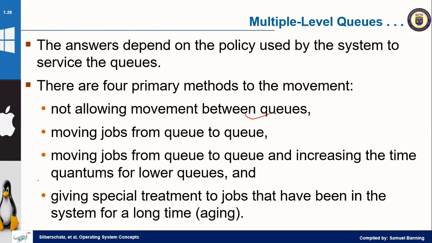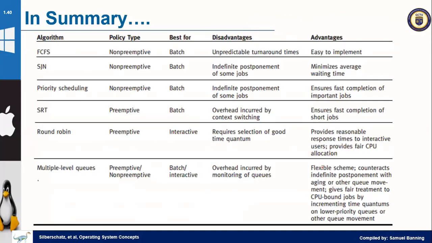You can also decide to move jobs from queue to queue and increase the time quantum for lower queues. You can also give special treatment to jobs that have been in the system for a long time. That is the aging, which we'll talk about later.